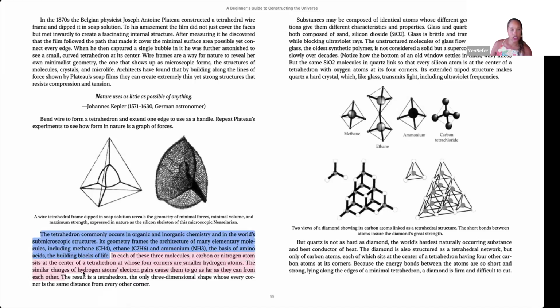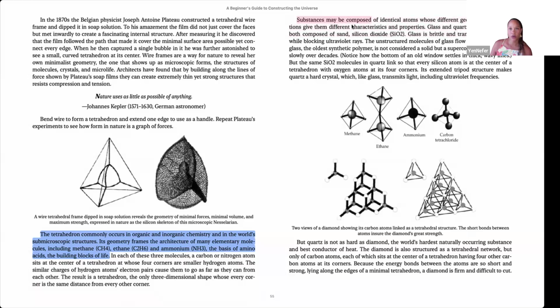The similar charges of hydrogen atoms, electron pairs, cause them to go as far as they can from each other. The result is a tetrahedron, the only 3-dimensional shape whose every corner is the same distance from every other corner. Substances may be composed of identical atoms whose different geometric configurations give them different characteristics and properties.